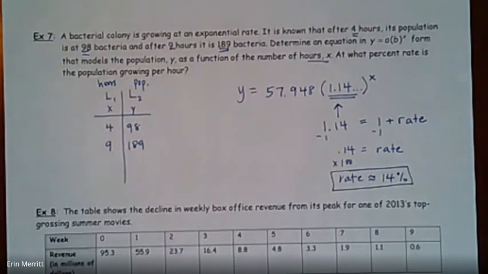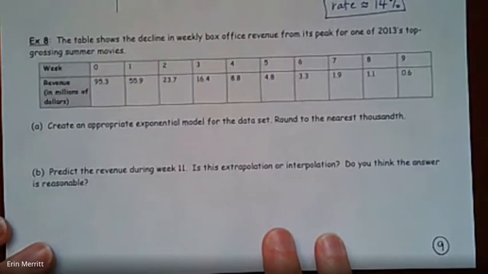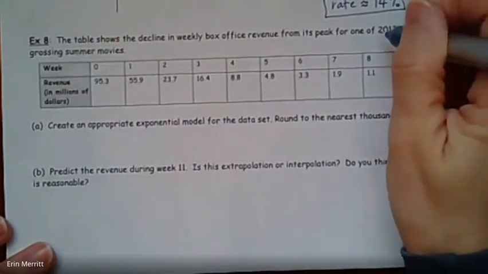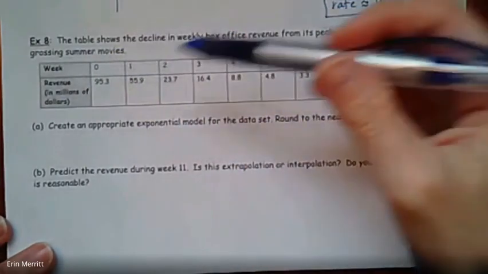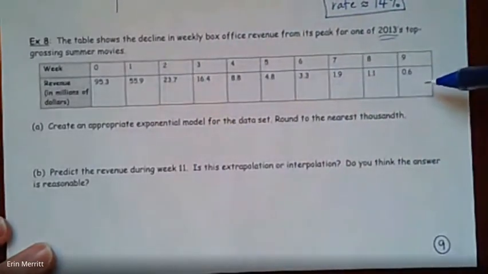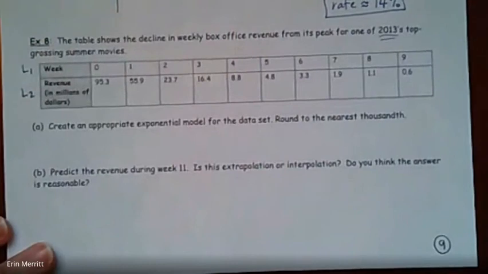All right, what I would like you guys to do is for example 8. This one is giving you box office revenue from one of the top movies of 2013. Here's the number of weeks that it's been out. Here's the revenue. That is going to need to go into list 1 and list 2 in your calculator. And then it says create an appropriate exponential model.